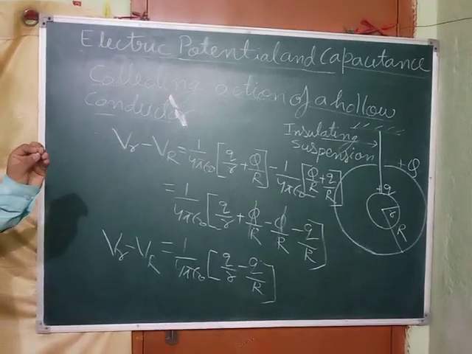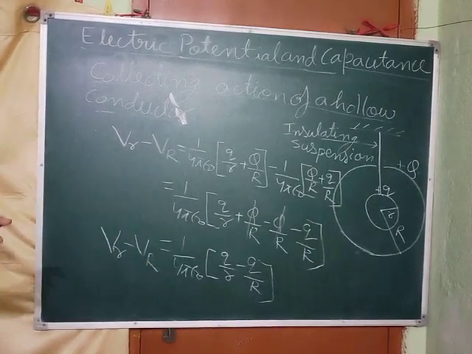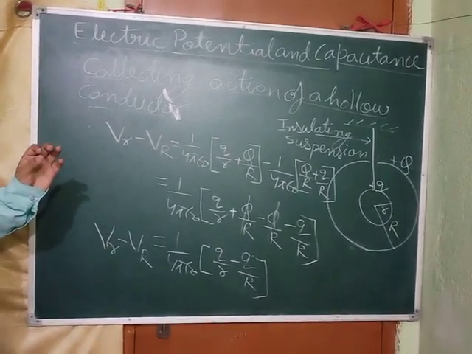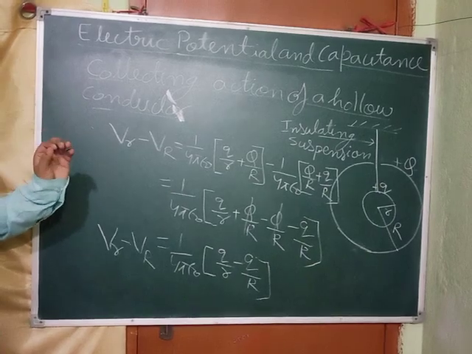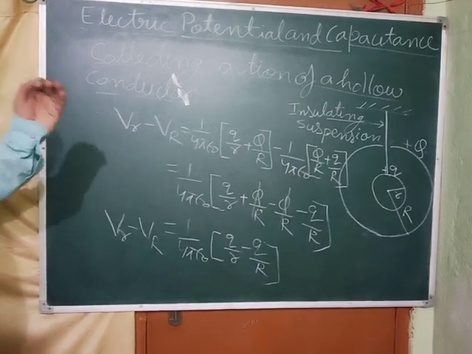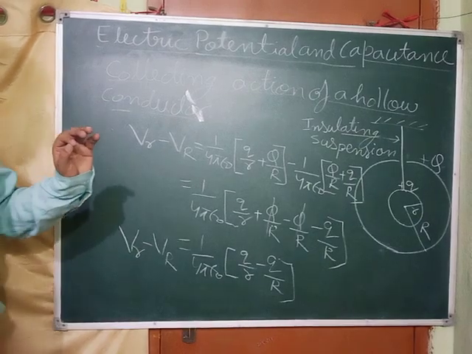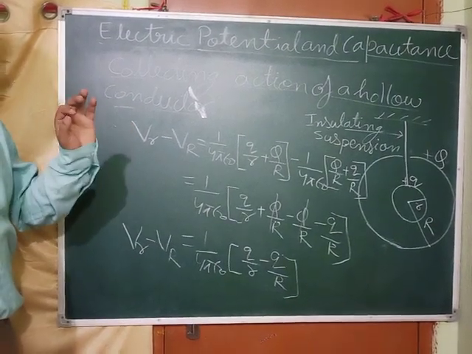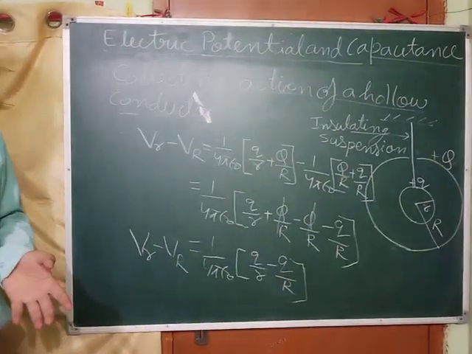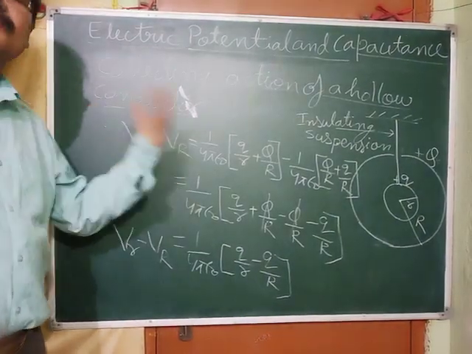Thus, when they are connected through a conductor, then charge starts flowing from the inner cell to the outer cell, and it continues till the whole charge of the inner cell is transferred to the outer spherical cell.